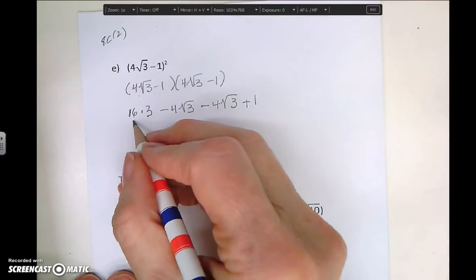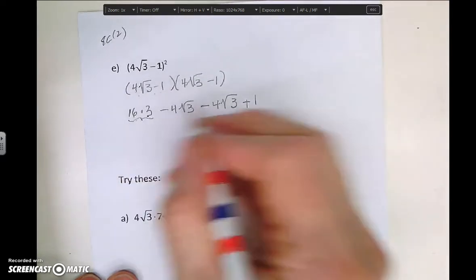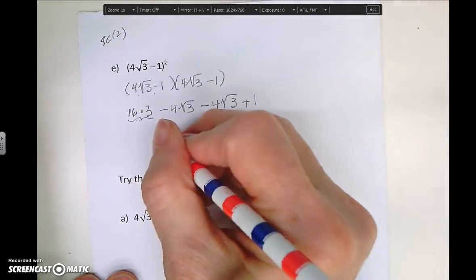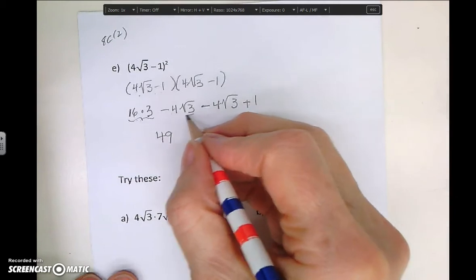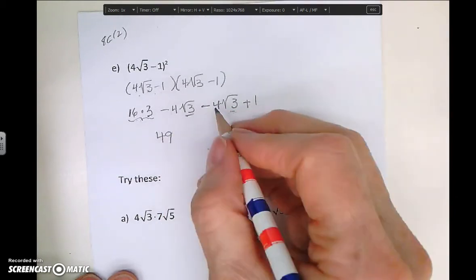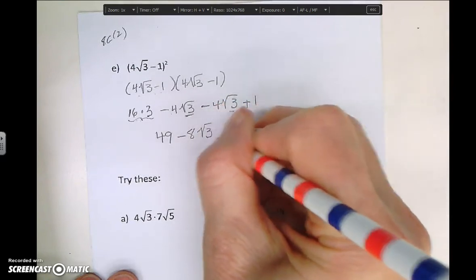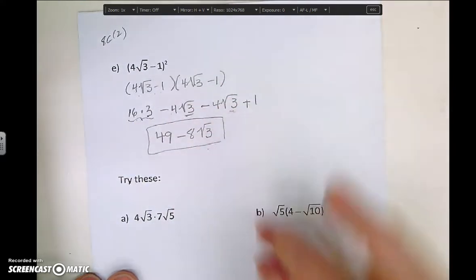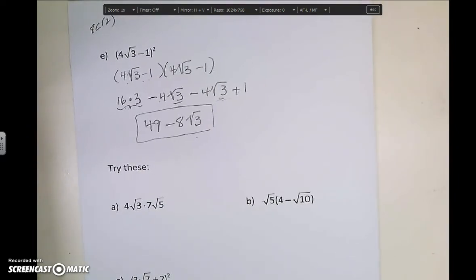So now I have, this is going to multiply out to be 48. So 48 plus 1 is going to be 49. And then like terms are both radical 3. So minus 4 and minus 4 gives me minus 8 radical 3. Now, I have to concentrate on when do you keep things the same and when do you multiply them.